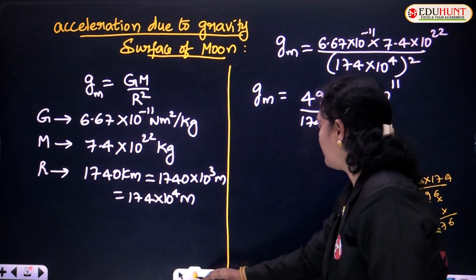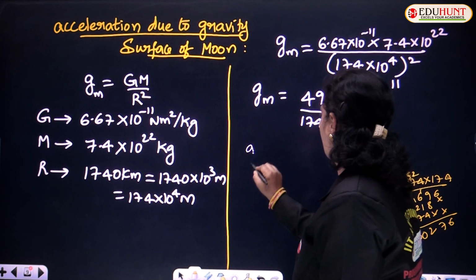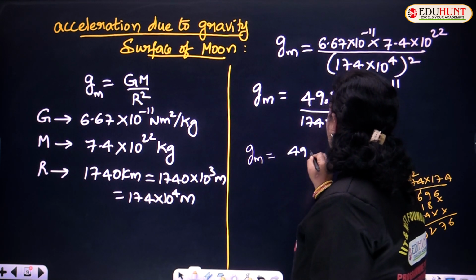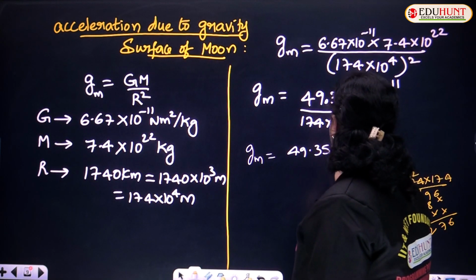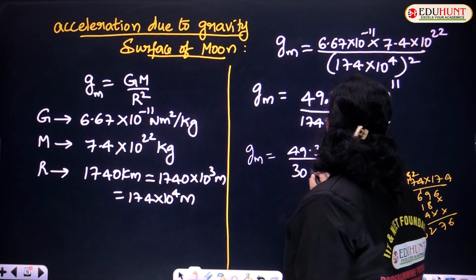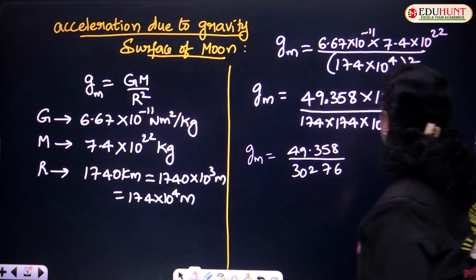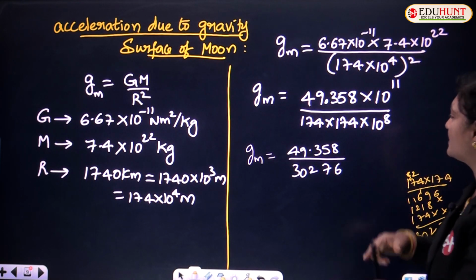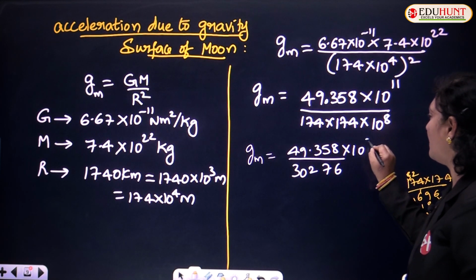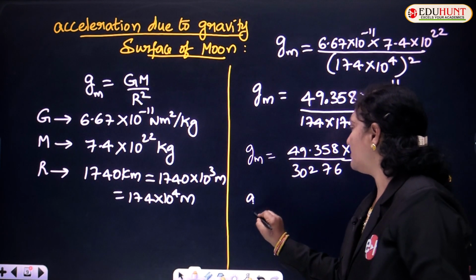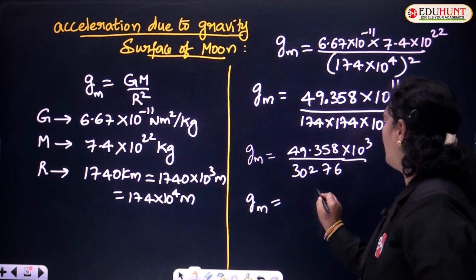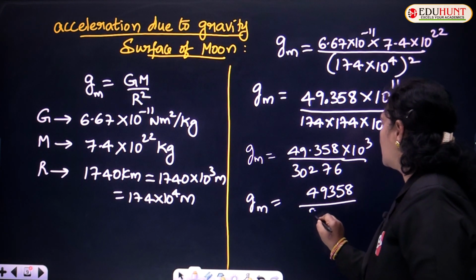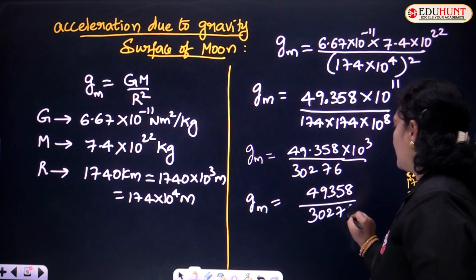Yes, this is found to be 49.358 upon 30276, and 10 power 8, if carried upwards, will be 11 minus 8 is 3, so into 10 power 3. Further simplification gives 49358 upon 30276.